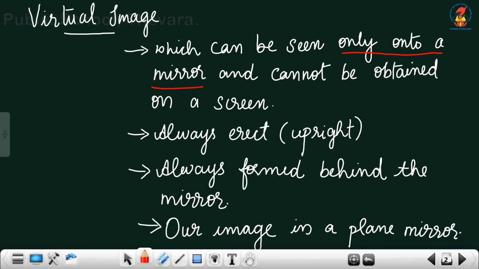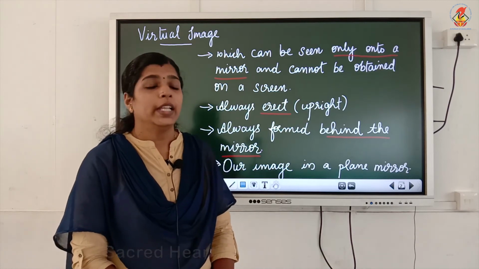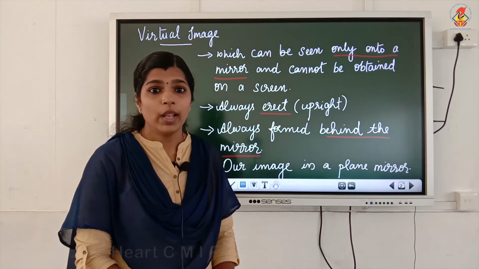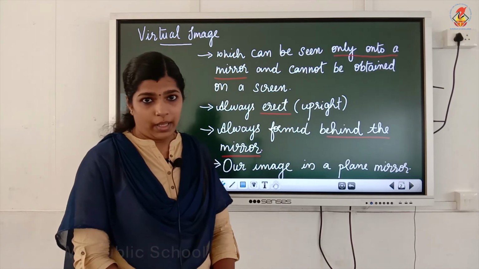Then it is always erect, meaning upright. Then it is formed behind the mirror. Our image in a plane mirror is an example of a virtual image.